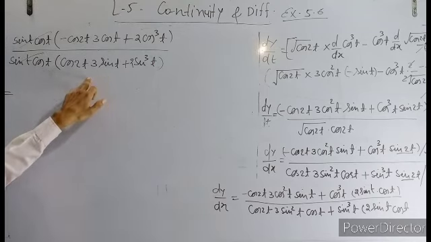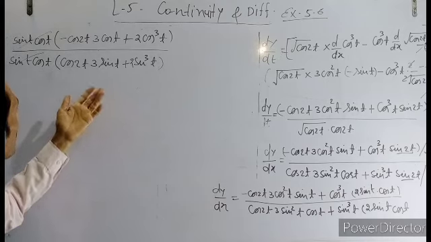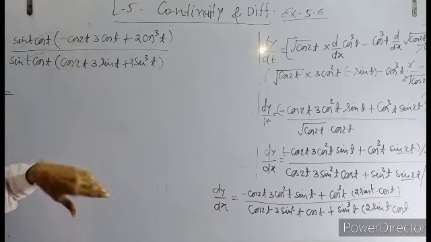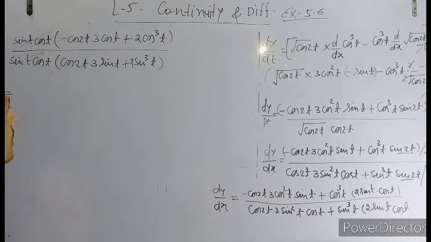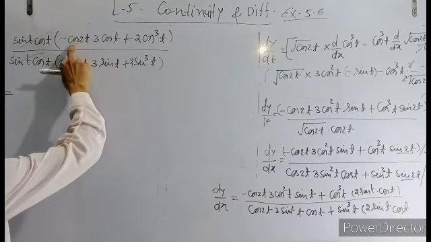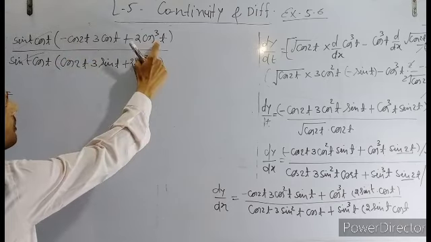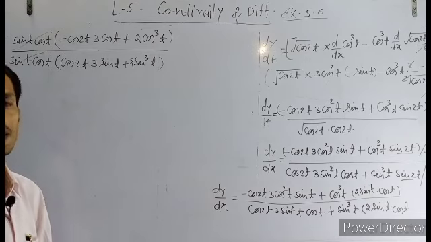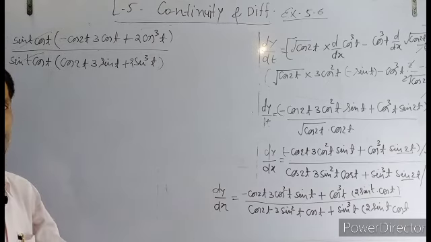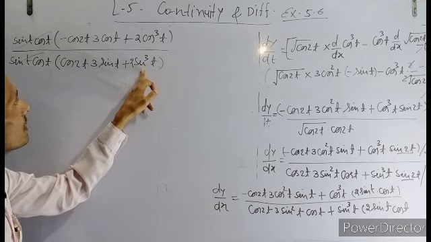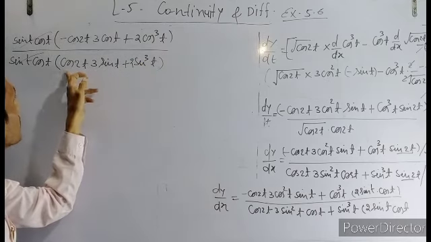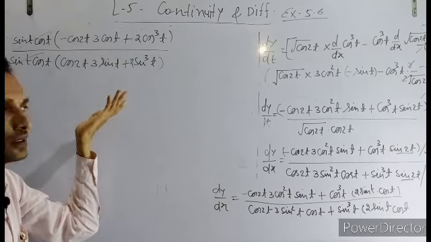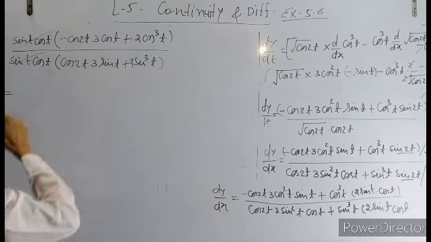We have to simplify more, so we have to put the value of cos 2t. Which value is suitable here? You can see that here we use the cos 2t identity in terms of cos, so that we can take out the common or reduce in terms of cos. In the denominator we have 2 sin cube t, so we put the value of cos 2t in terms of sin so that we can cancel out.